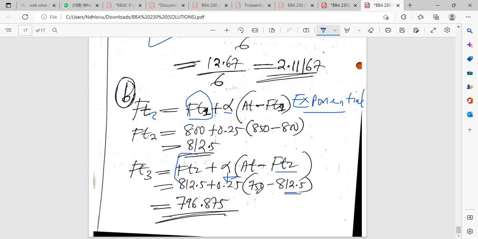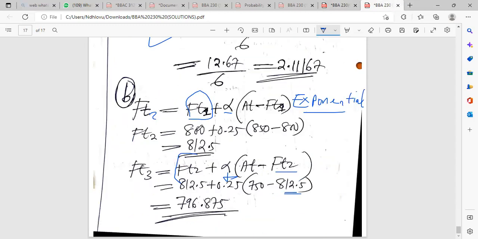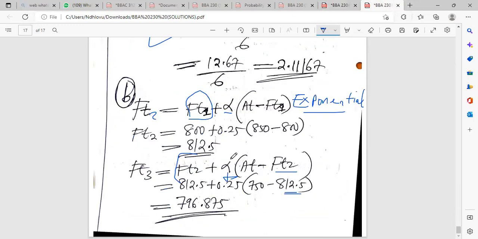So this is the forecast for week number 3 of July. The actual observed value was 750, so there was need for us to find the forecasted value, where we are getting 796.875. So this marks the end of the question.